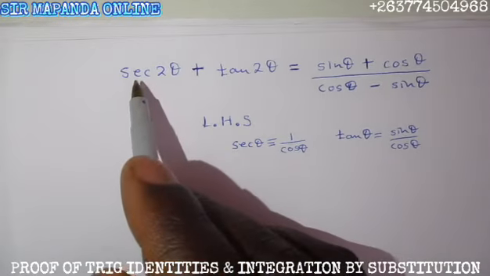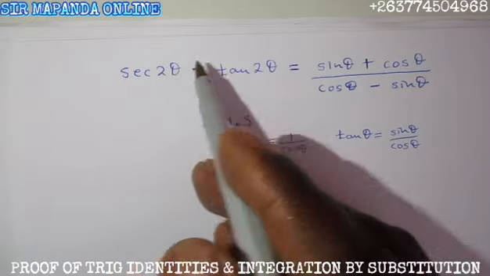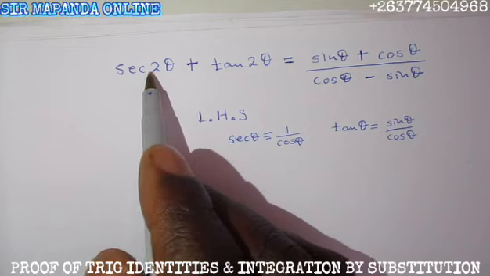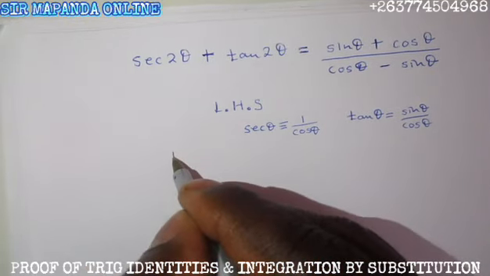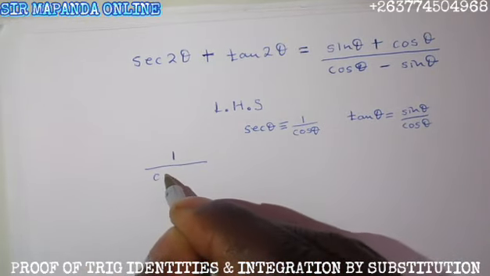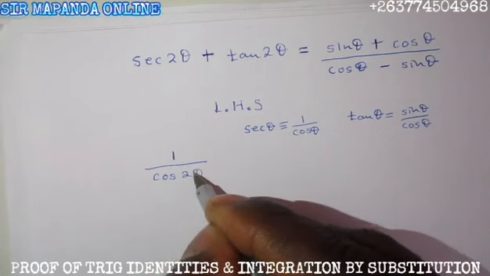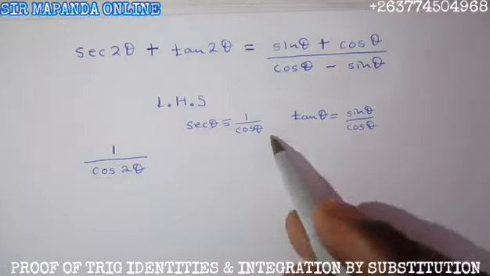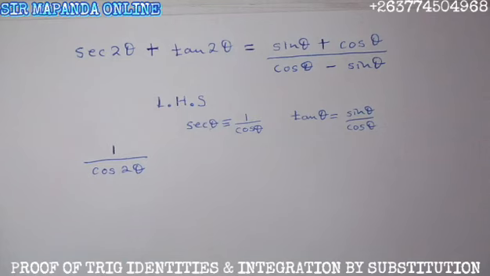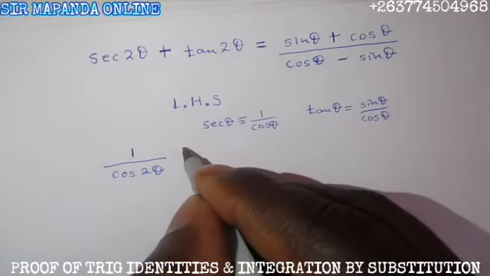So since we have sec 2θ, it means sec 2θ is equal to 1 over cos 2θ. Since sec θ is equal to 1 over cos θ, sec 2θ is equal to 1 over cos 2θ. Then you put plus.